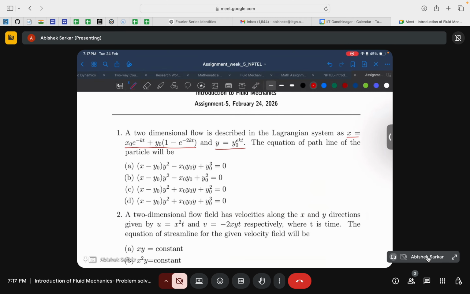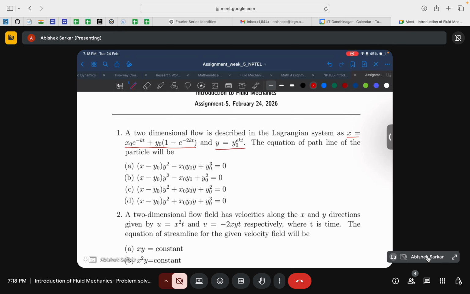Let me give you a general suggestion: when finding the equation of a path line, the general practice is to eliminate the time term. Time is usually considered a parameter to find the trajectories of the particles. What you expect is an expression of the curve in the xy plane, a basic relation between x and y, in terms of constants like x naught and y naught, the initial position of the particle.